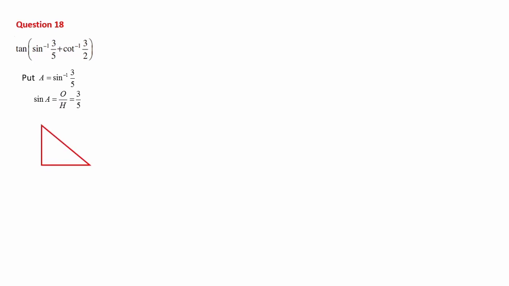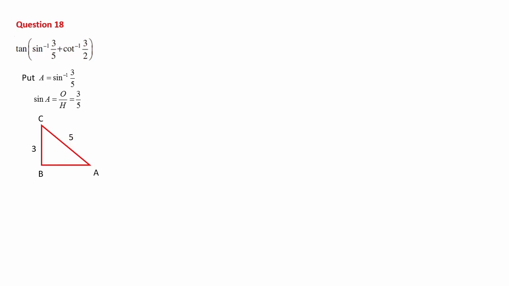When we consider a right angle triangle ABC, and here this is our angle A, we are fixing the angle because that is our required angle. Sine A is O by H. With respect to angle A, the opposite side is BC, and the hypotenuse is AC. So here the opposite side is 3 and the hypotenuse is 5.